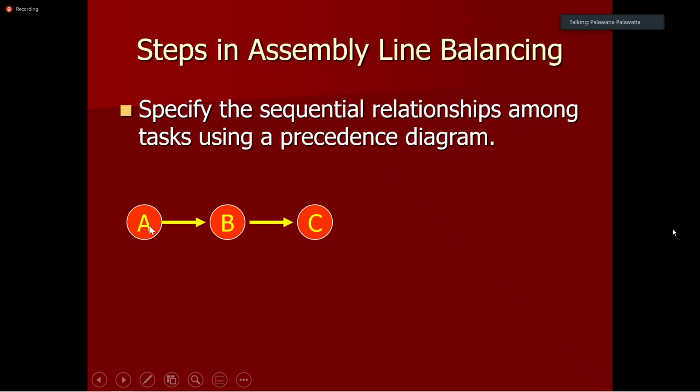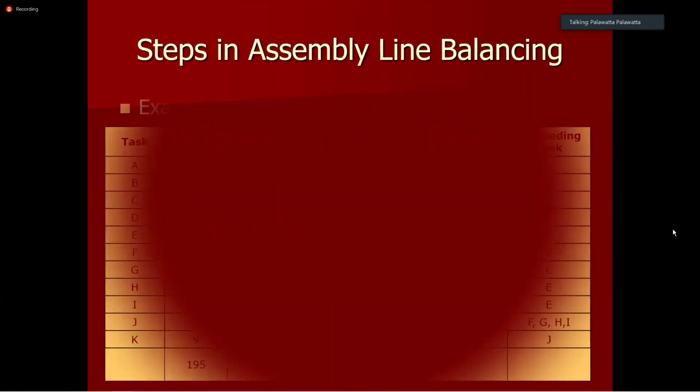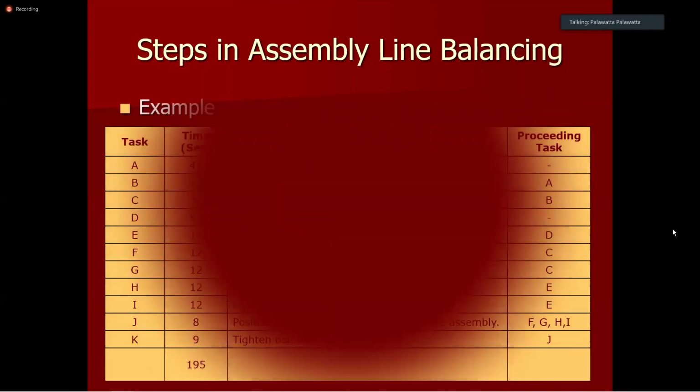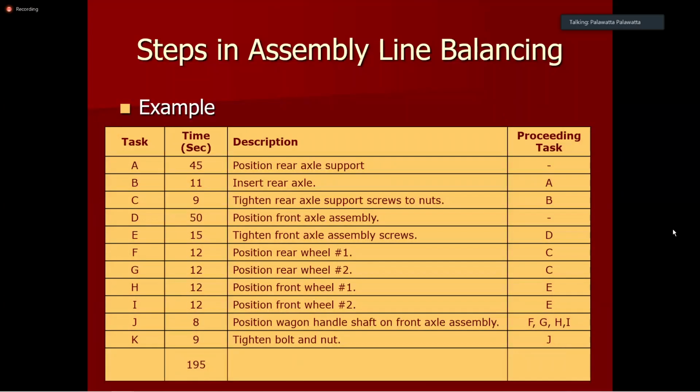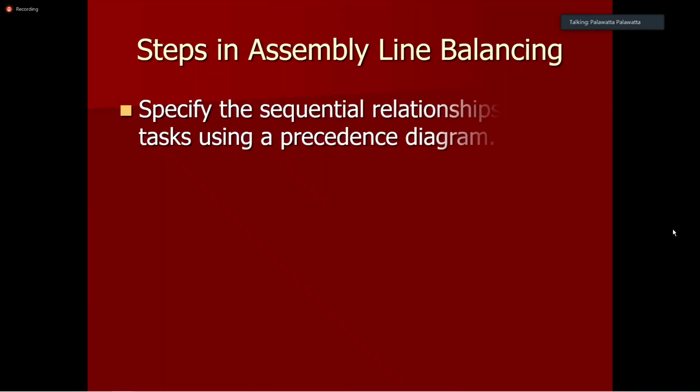Then we need to specify the sequential relationship among tasks using the precedence diagram. The notation for the precedence diagram is that a circle denotes the process or activity and an arrow denotes the precedence. Here A is the starting one, B follows A, and C follows B. That's the sequence we draw.